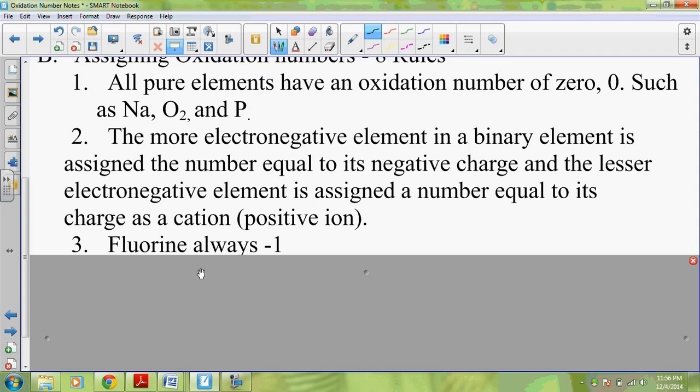So if you see fluorine in a compound, automatically, directly above it, you need to write -1. Period. There are no ifs, ands, or buts. There are no exceptions. It's always -1. So once again, if you see fluorine, F, in a compound, right above it, you put -1 for its oxidation number.